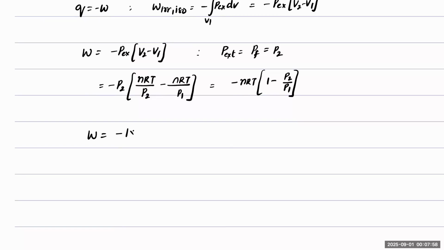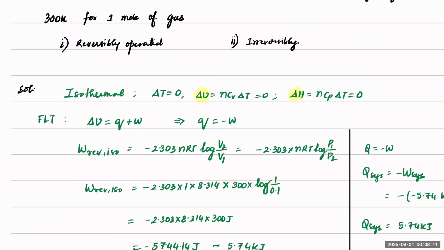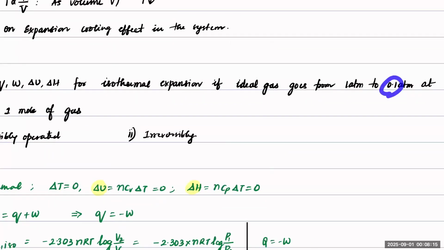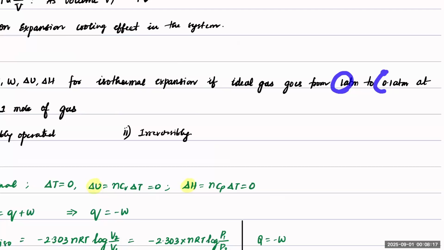So minus 1 into 8.314 into 300 into 1 minus P2, where P2 was given as 0.1, divided by 1. You can notice that the pressure given is going from 1 to 0.1.